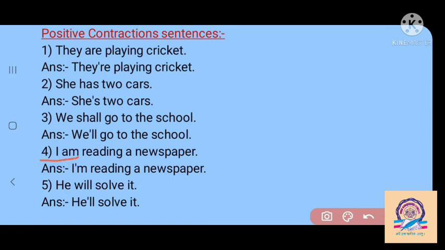Then I am changes into I'm. 'I'm reading a newspaper.' We write the same in a positive contraction. Then 'He will solve it.' Again we write he, then apostrophe double l instead of he will: 'He'll solve it.' The rest is the same.